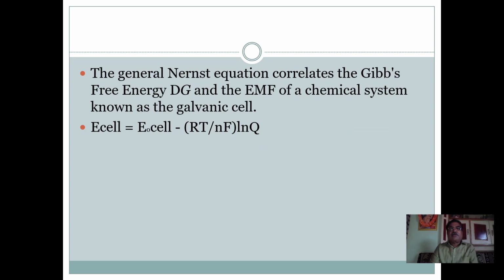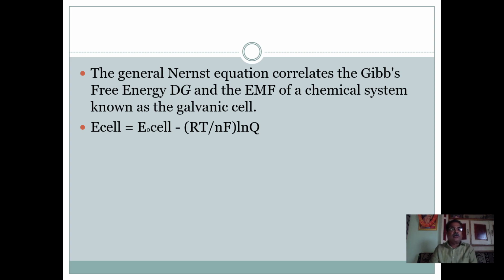The general Nernst equation correlates the Gibbs free energy, that is delta G, the change in Gibbs free energy, and the EMF of a chemical system known as a galvanic cell.